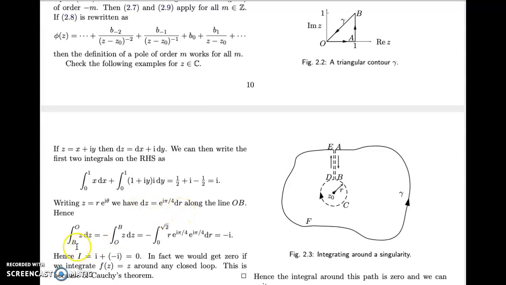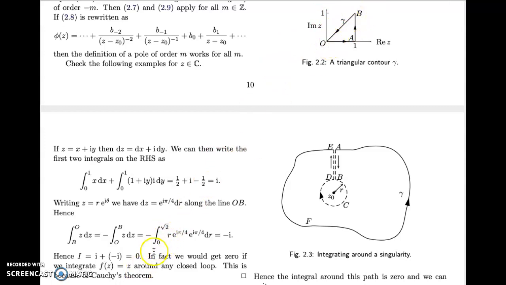So just substitute in. The integral from B to O is minus the integral from O to B, and now we've changed variables to dr. So r now varies from 0 to the length of this line here, which is obviously root 2.